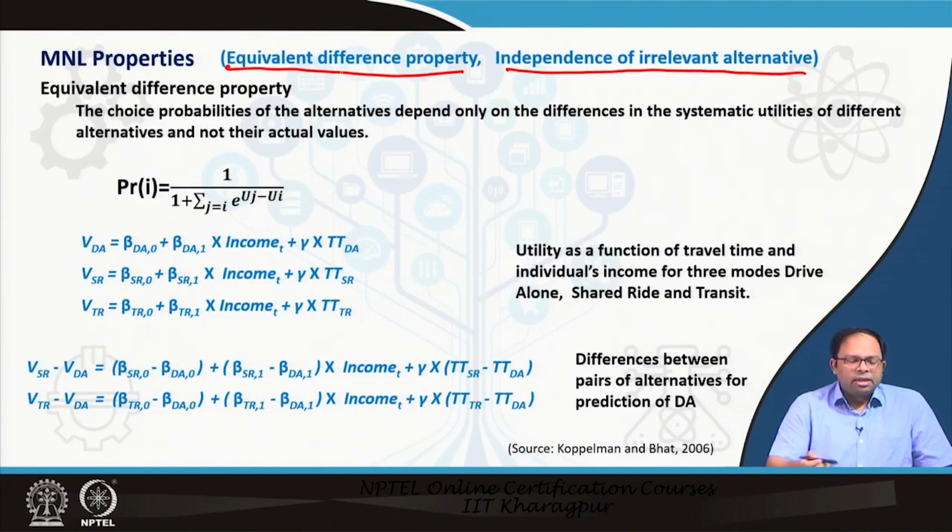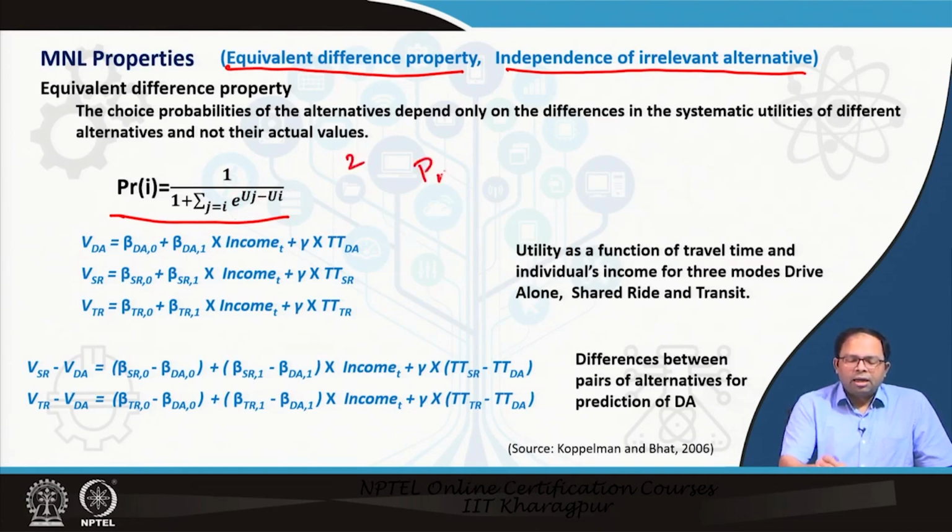So ultimately we have established earlier that P(i), where i is the alternative, is 1 divided by 1 plus the summation over j not equal to i of e to the power Uj minus Ui. That means, suppose there are 4 alternatives and I am evaluating the second one.